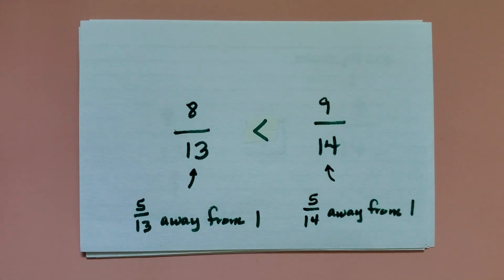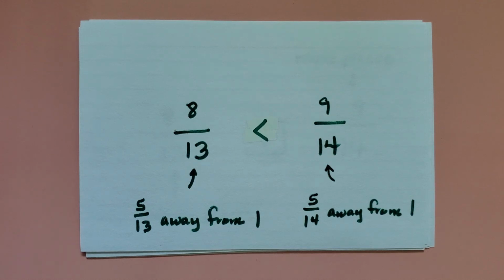Now 5/14 is smaller. That's a smaller amount than 5/13. So that means that 9/14 is a little bit closer to one whole, and that means that 8/13 is less than 9/14.